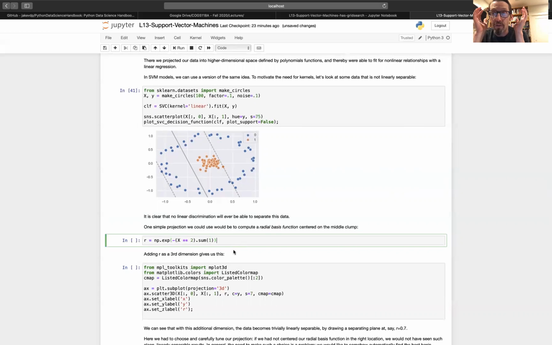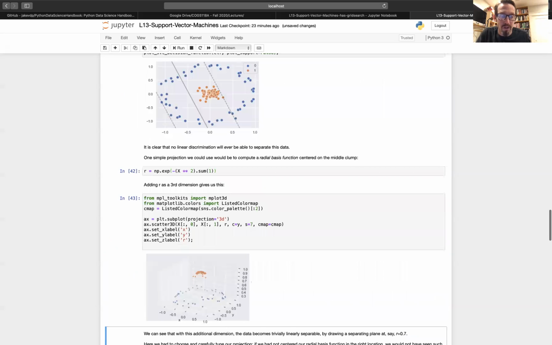You could also just use something that's not actually a Gaussian, but Gaussian-ish, like a parabola or something like that. That's also a possible basis, but let's just go ahead and define it. So we define an exponential here, and an exponential on x squared gives us something that looks radial basis-y.